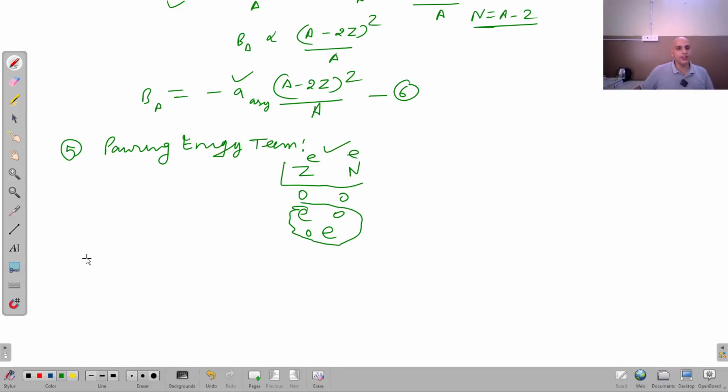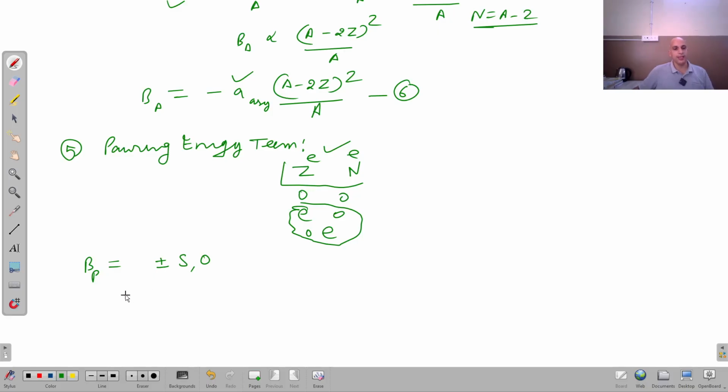So we consider this term B5, which we call the pairing energy term, and this is equal to plus minus delta, or 0.